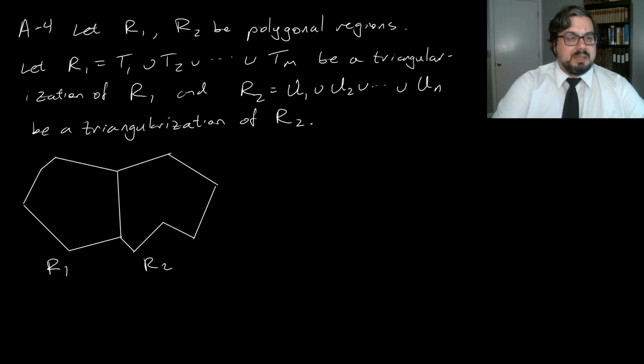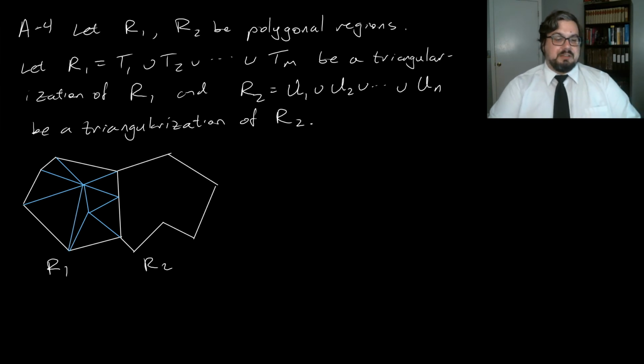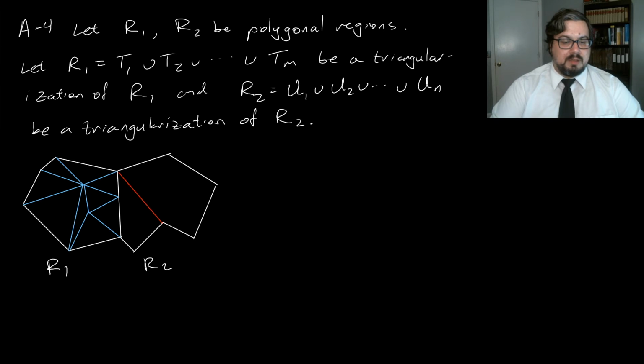So we can assume that R1 has a triangularization. Maybe it looks something like this, just throwing sort of random triangles in here. So there's a potential triangularization of R1, and then R2 might have a triangularization that looks like the following.